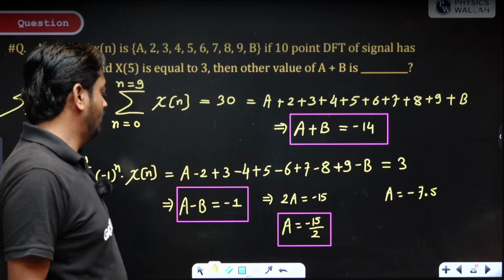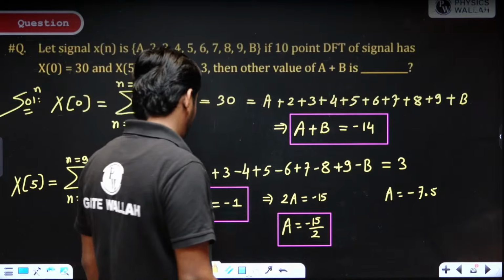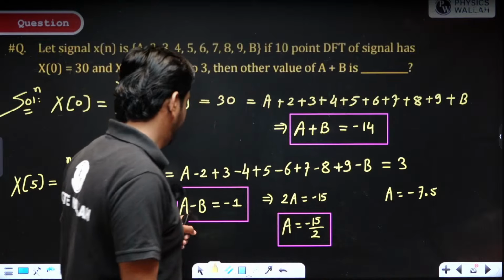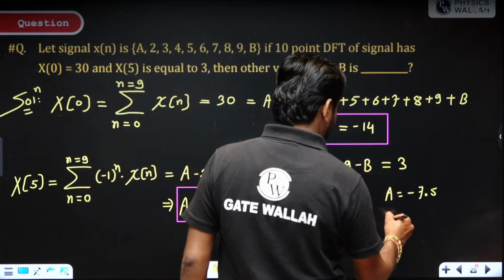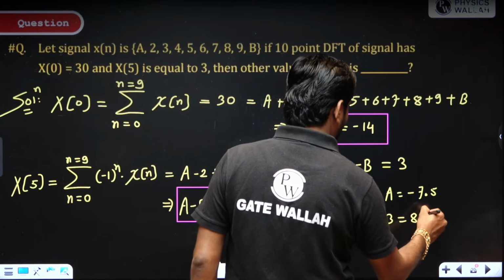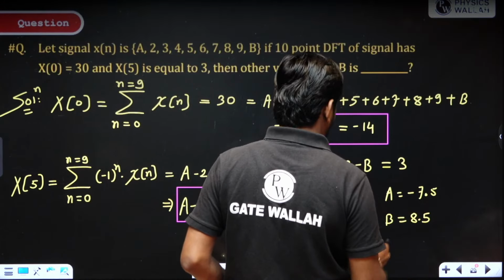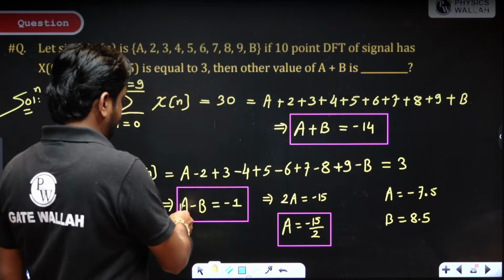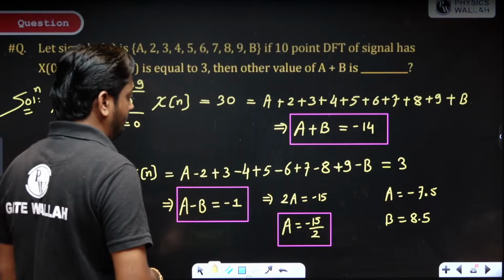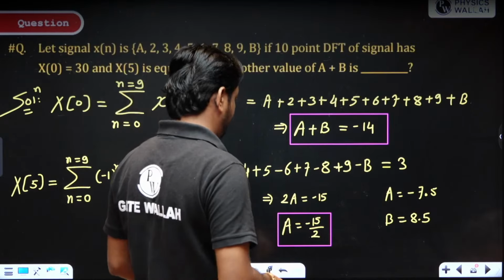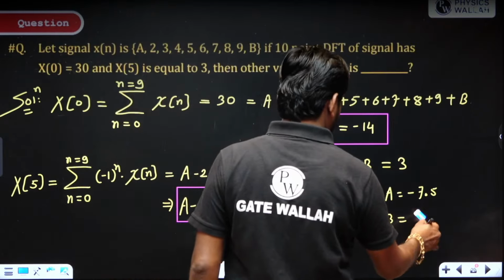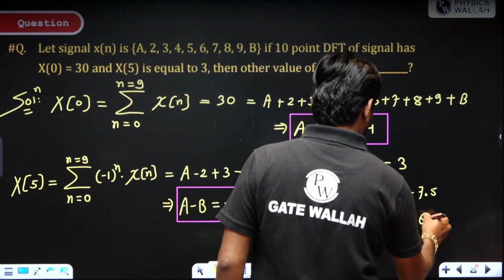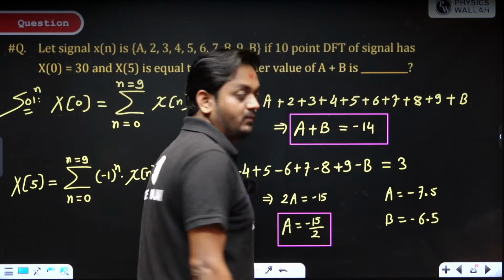So a, here you put minus 7.5. So b is equal to what? 8.5, guys? No. If you put minus 7.5, then b is equal to minus 6.5.